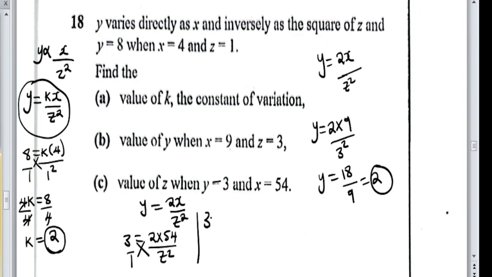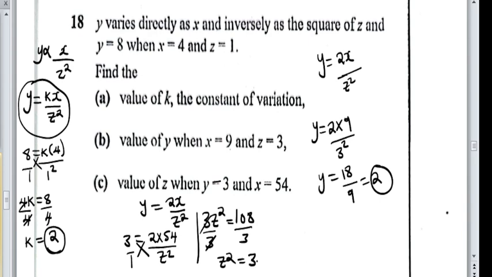This will give me 3z squared, which should equal 2 multiplied by 54. I get 108. Then I'll divide by 3, divide by 3. 3 goes, 3 goes. Z squared is equal to, how many times does 3 go into 108?